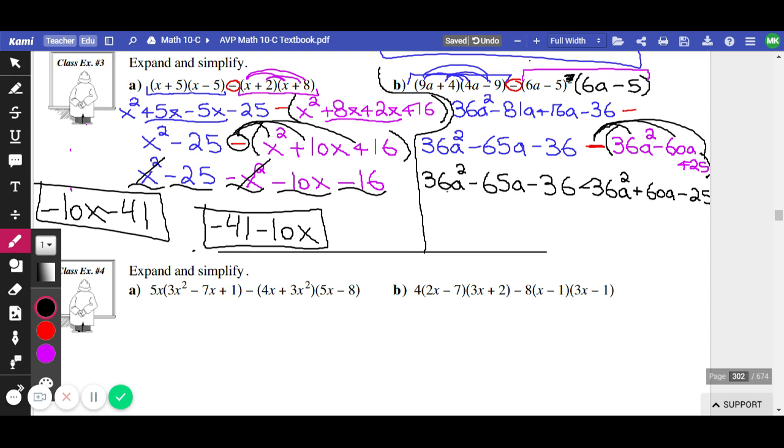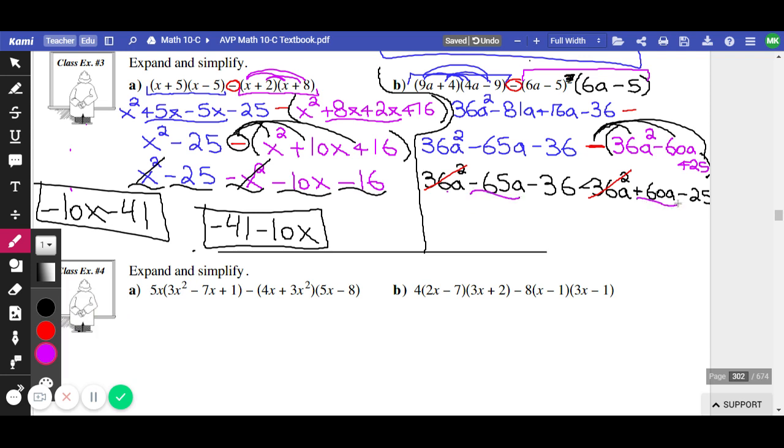Right? No matter what strategy you use, if it was FOIL, distribution, if it was area diagram, you should have always ended up with these things. Our goal then is to collect any like terms. Remember, like terms means same letter, same exponent. 36a squared and negative 36a squared, we've seen that before, it equals 0. We have negative 65a plus 60a.